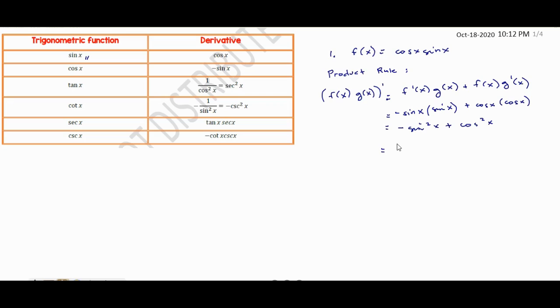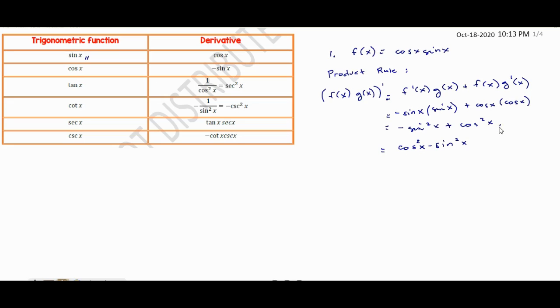Alright. Now, let's arrange our terms. So, instead of writing it this way, let's start our function with the positive term, cosine squared x, and then followed by negative sine squared x.